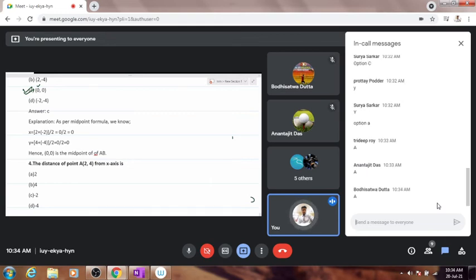Bodhisattva is also going with A. You have gone against your name. Anyone else? I want everybody to try this. When I say majority will make a mistake, now the majority of the class has made a mistake.